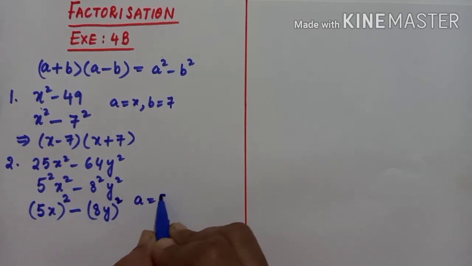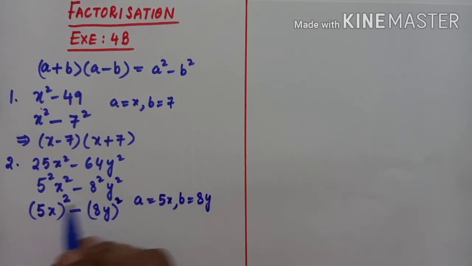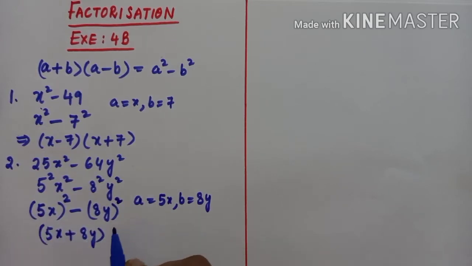So here your a is nothing but 5x, b is 8y. So a square minus b square will be a plus b, that is (5x plus 8y)(5x minus 8y). Okay, so this is how you do it.